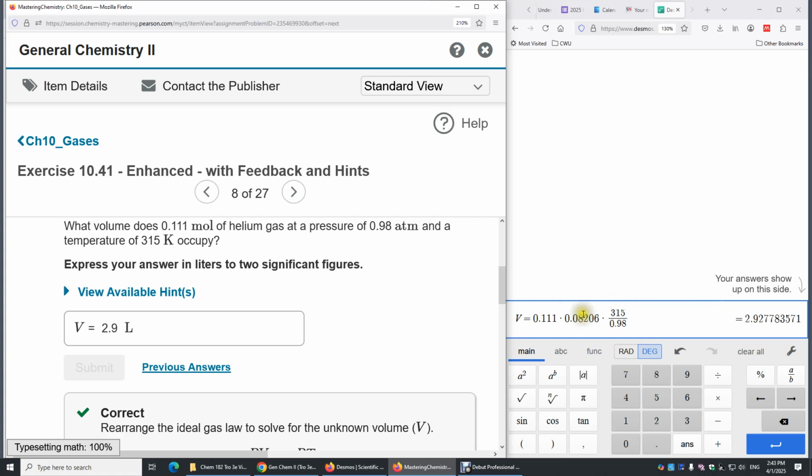Alright, I just want to talk about this R. R is 0.08206 only if the unit is atm times liter divided by mole and Kelvin.